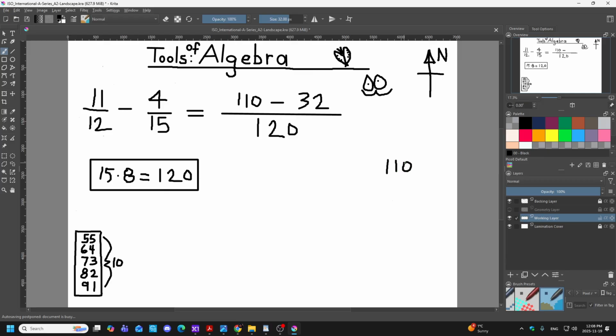Subtracting 32. I gotta borrow. Make this a 10, which makes this 10. That's 8. 10 take away 3 is 7. So I get 78 over 120.